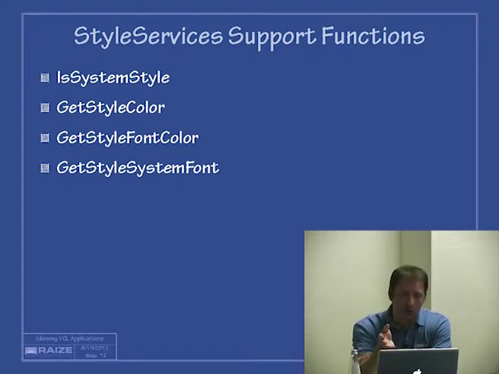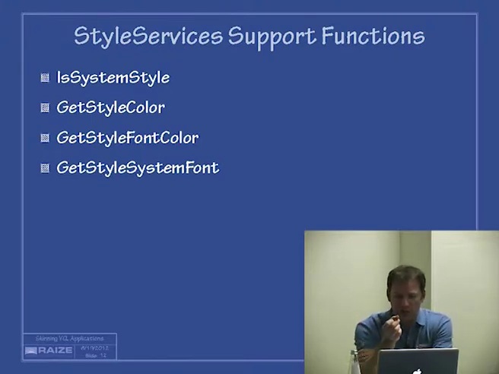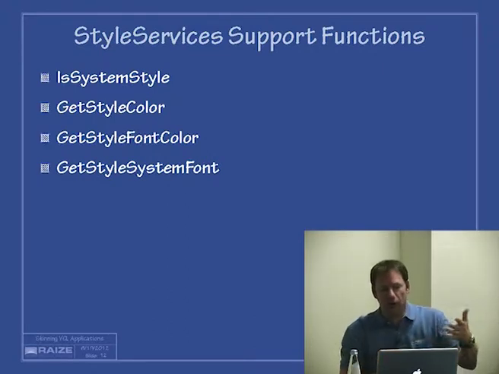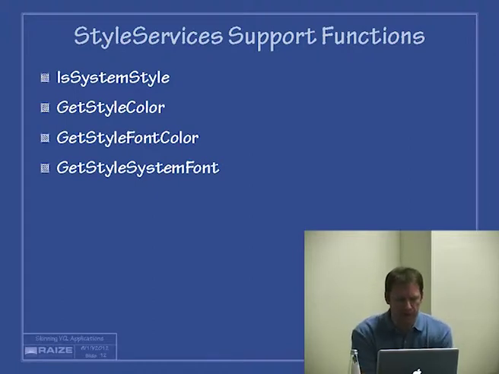It's actually very useful to have because your drawing code may be different based on what you want to do. If you are doing a custom VCL style, in order to get the mappings, we're going to call GetStyleColor, GetStyleFontColor, and GetSystemColor. Sorry about that, not system font.